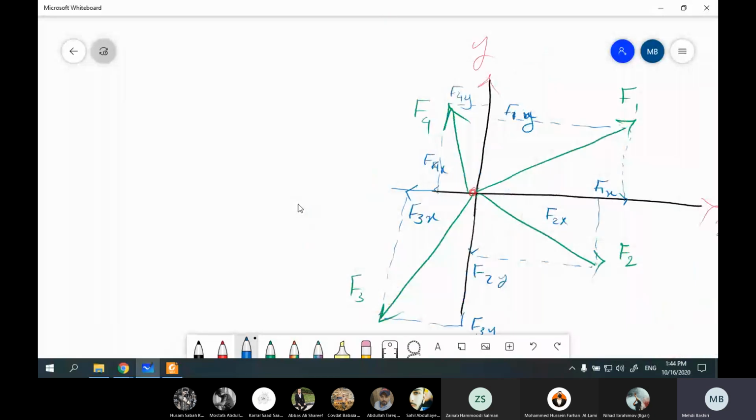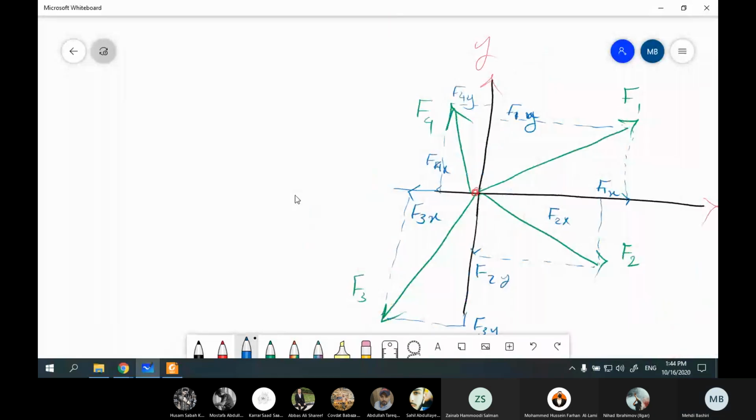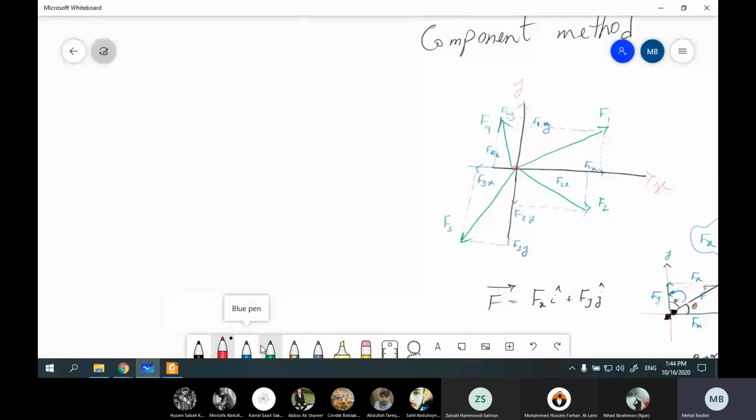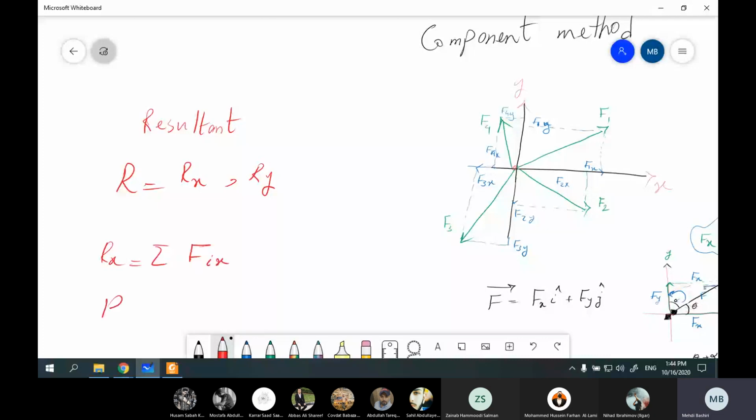And what would be the final summation? In the final summation, we have R, and R has Rx and Ry components. This is the summation. If you remember, this is the resultant, the final summation. What is Rx? Rx is sigma Fix, and Ry is sigma Fiy.